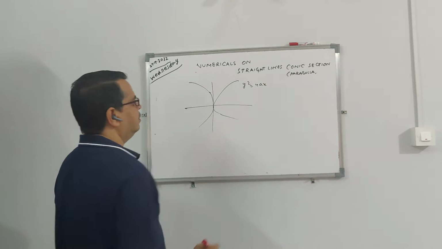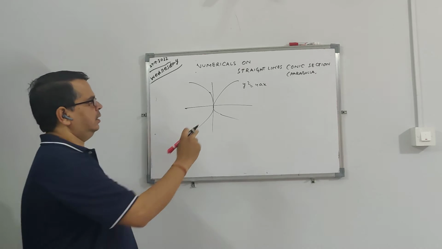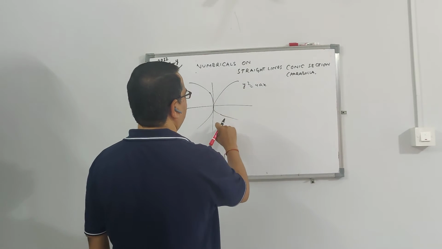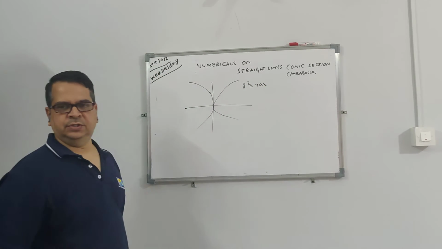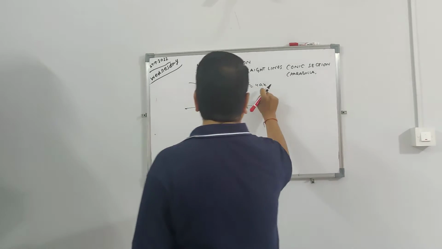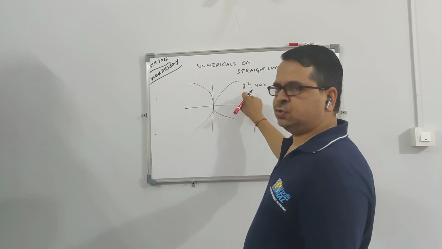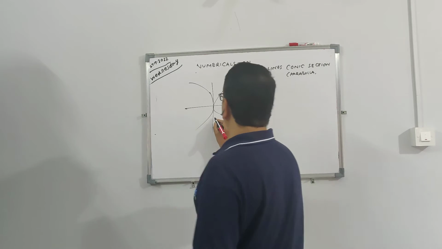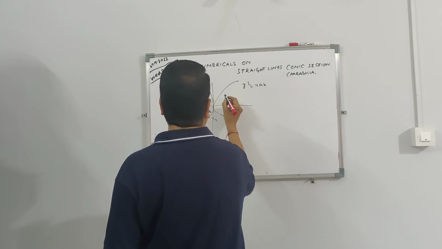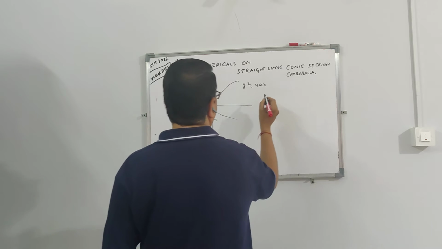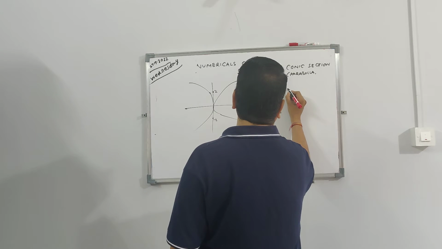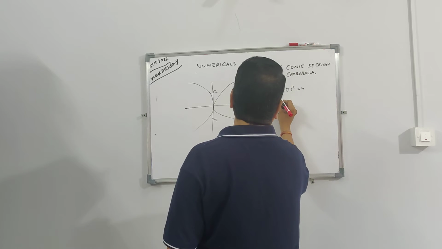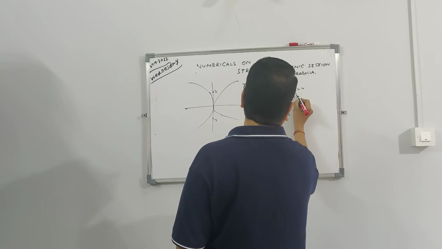Okay, because here you can see whether y is positive or negative, x is always positive, because here x is y square. That means square of something is always positive. That's why whether y is minus 2 or plus 2, x is equal to 2 square is equal to 4, or x is equal to minus 2 square is equal to 4.